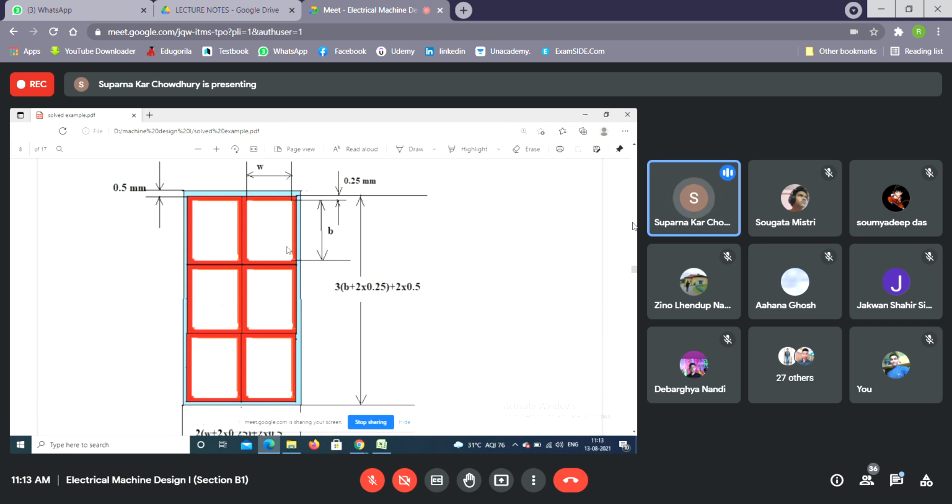But for rectangular, we are going for higher length and smaller breadth. So it is like a tape. So it is easier to bend and make the winding. And obviously it is much more compact and the space utilization is better. So we go for rectangular conductor when we have to go for parallel strips.